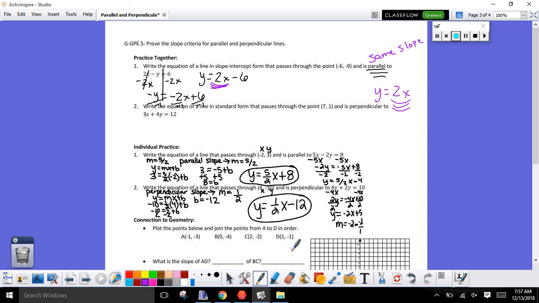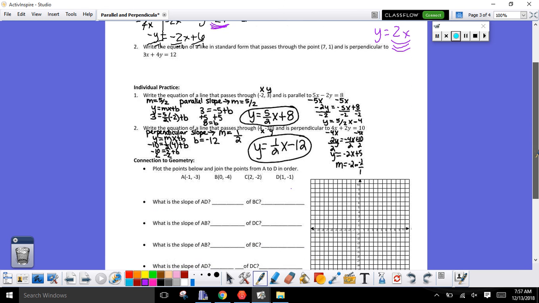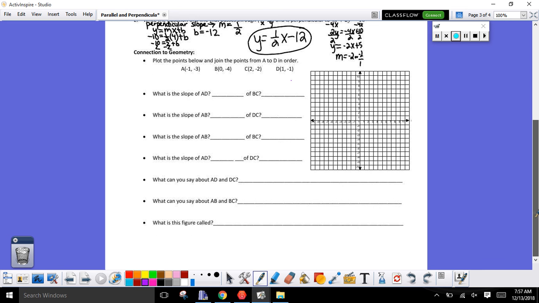Let's move on to the next section. Okay, so they're telling me to plot the points. I'm going to plot point A, negative 1, negative 3. Point A is at negative 1, negative 3, so right here.